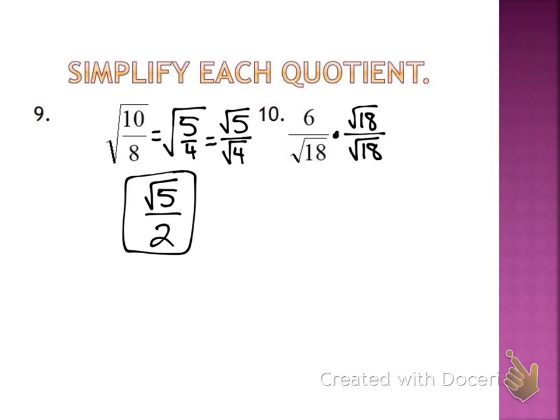In the numerator, 6 times the square root of 18 is just 6 square root 18. The square root of 18 times the square root of 18. Recognize that pattern. If we multiply two identical square roots together, we just get that number out of it without a square root.